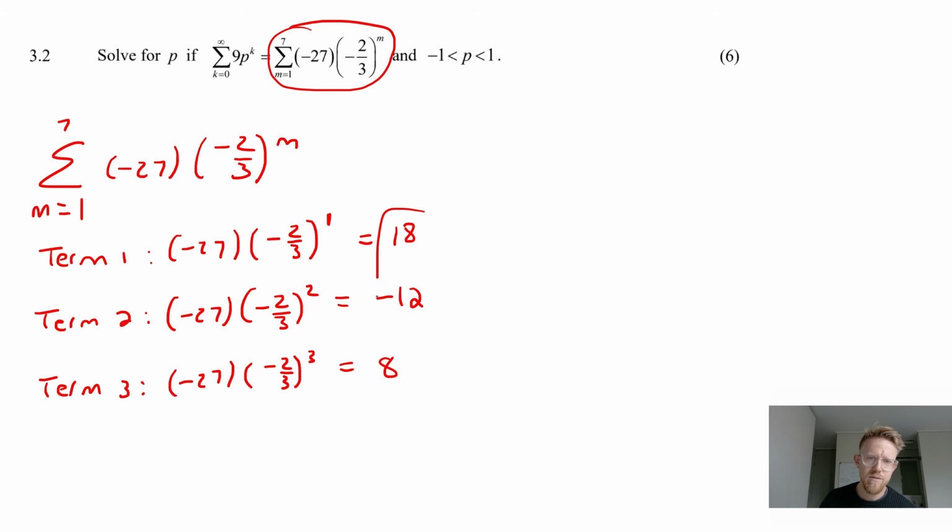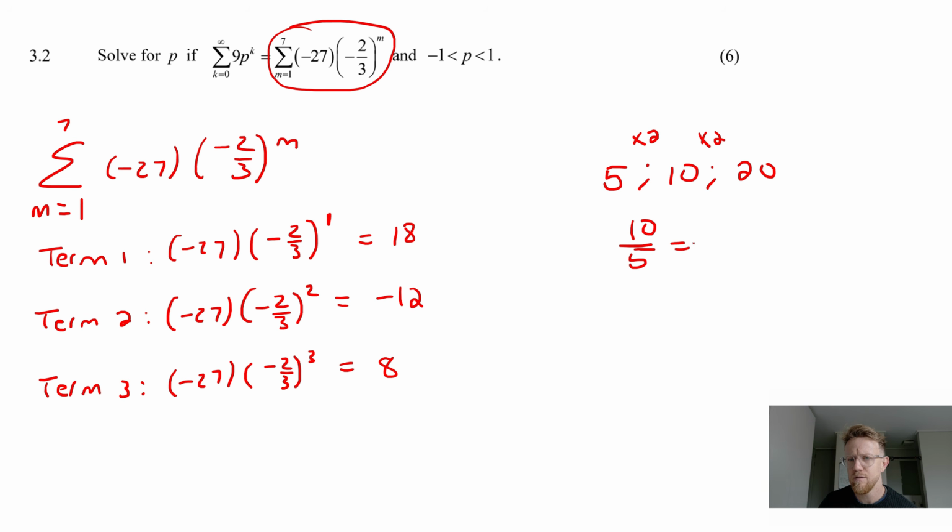So here we have the first 3 terms. Now we need to make sure that it is actually geometric. We know that if you have something geometric, where you, for example, are multiplying by 2 every time, then if you take 10 divided by 5, you get 2, and if you say 20 divided by 10, you also get 2. So if we can show that the ratio is remaining constant, then we can say it is geometric.